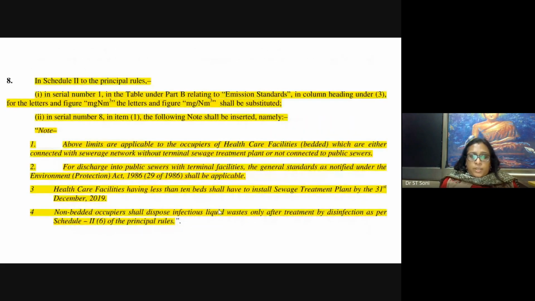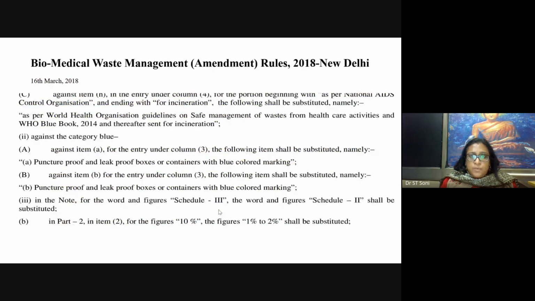Two important things I would like to highlight are the waste management amendments. In 2018, the puncture proof containers changed from cardboard boxes to puncture proof, leak proof containers. Previously they were cardboard boxes in the 2016 rules, as you will find when you Google it.